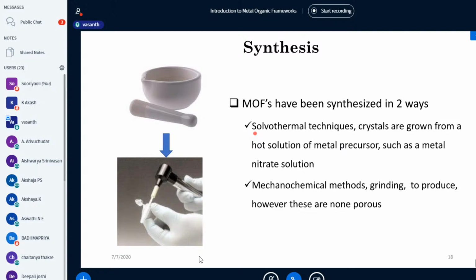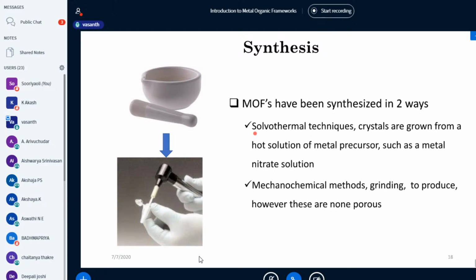So, for example, we take water, and the metal salt as well as the ligand are dissolved in water, and if we heat that solution to a temperature above 100 degrees Celsius, this is called hydrothermal synthesis.